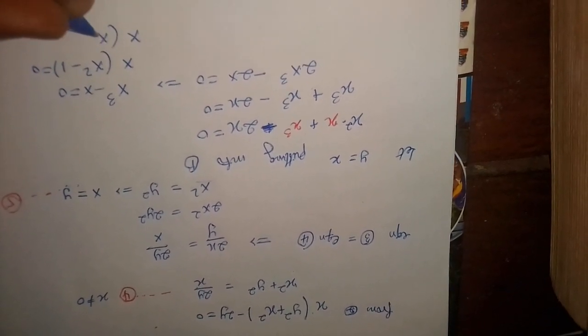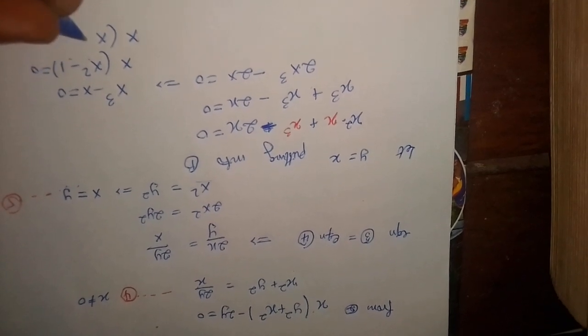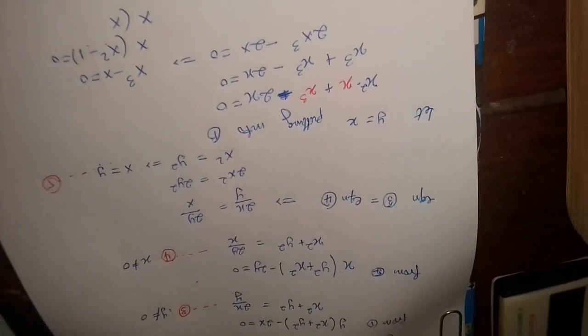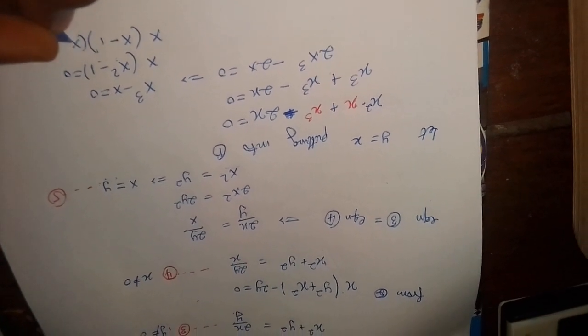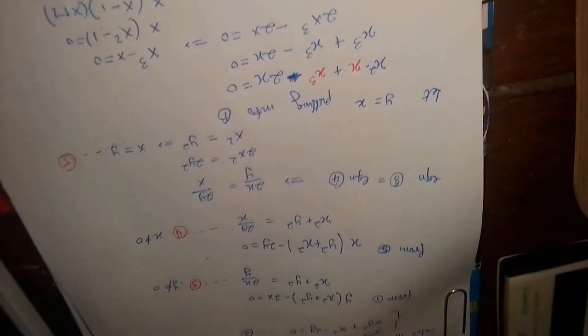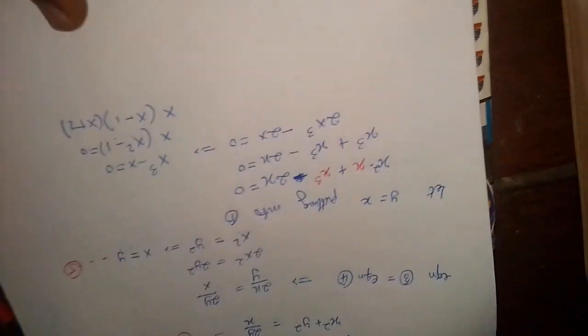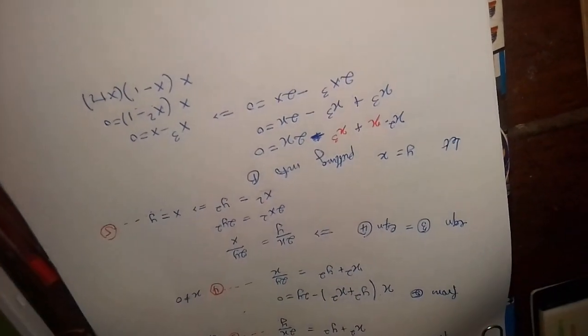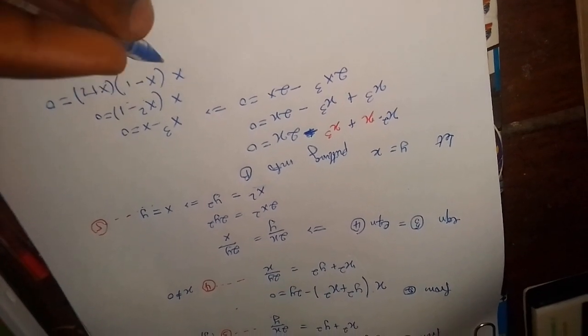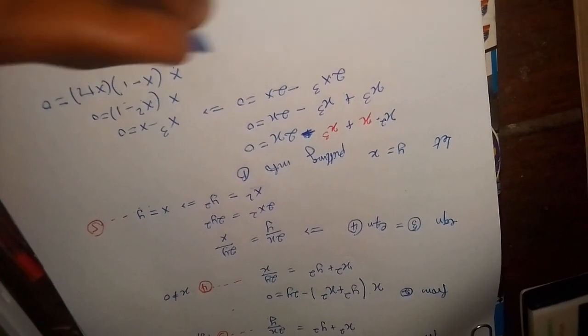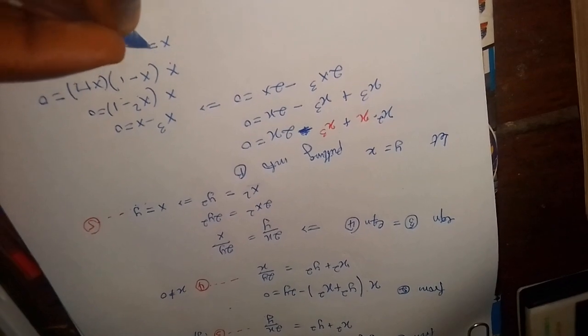Factorizing, this is a difference of two squares. It can be factorized as follows: x minus 1 into x plus 1. Now, this is equal to 0. We know very well that in this system, our x is different from 0.